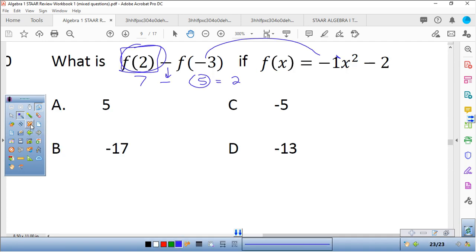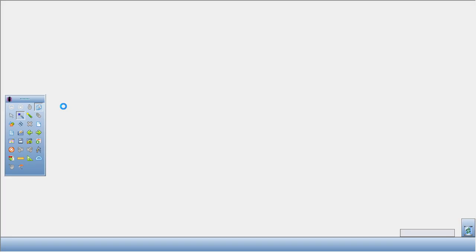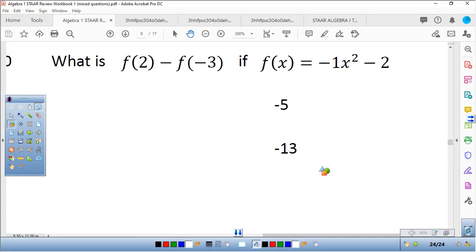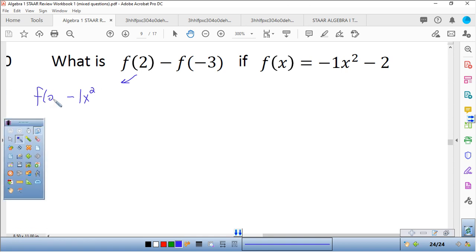Let's try that, okay? So f of 2. If you don't mind, I'm going to just do it right here on top of this stuff. f of 2 right here. I want to have a negative 1 x squared minus 2, right?